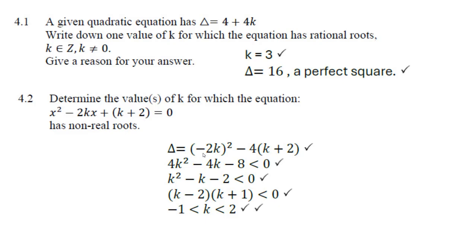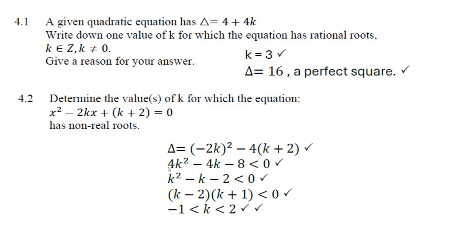There's delta. It's b squared minus 4ac, where a is 1 and c is k plus 2. The whole thing is that delta has to be less than 0. That's what makes non-real roots.